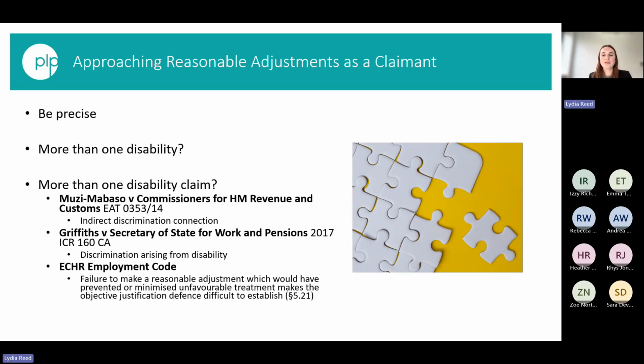So be mindful of the crossovers in indirect discrimination claims for, firstly, PCPs, secondly, the disadvantage. Particular and substantial are different tests, but there's inevitably going to be crossover in the analysis that we've spoken about, looking at the disability and how that affects the employee.